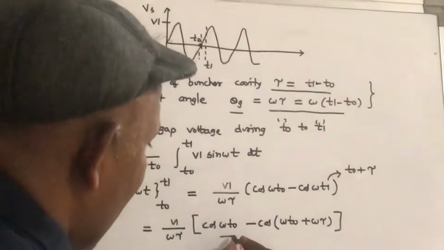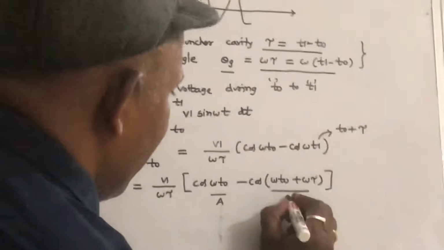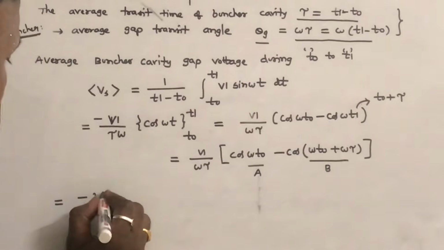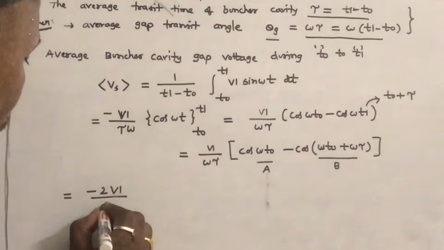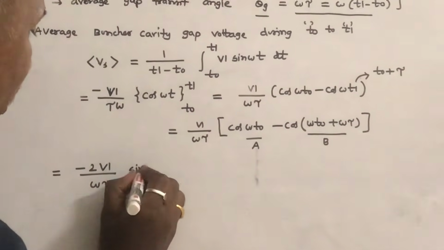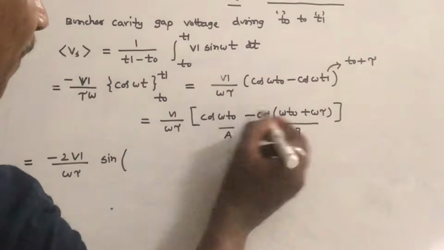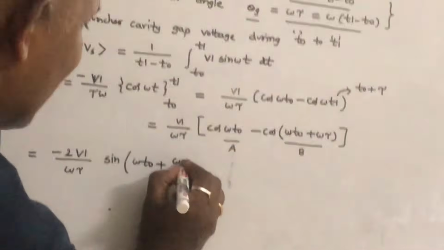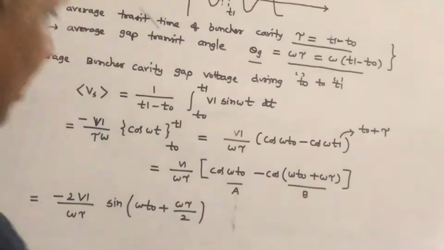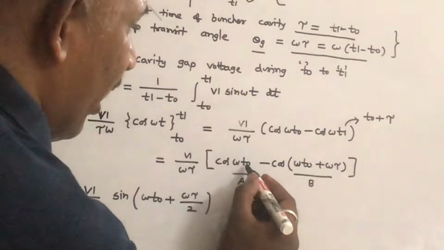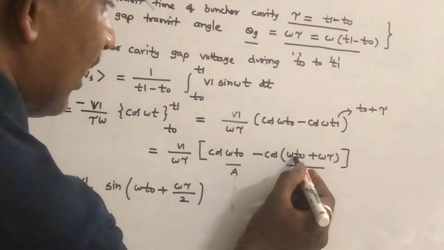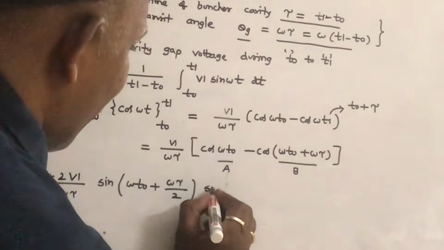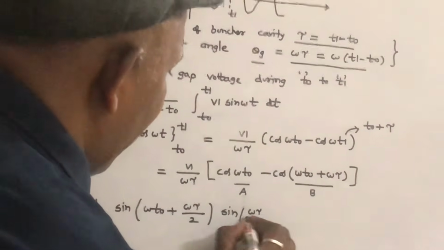Use this relation cos A minus cos B, which is given by minus 2 V1 by omega tau, sine of A plus B divided by 2. So that means it will become omega T0 plus omega tau by 2, sine A minus B by 2, omega T0 minus omega T0 minus omega tau, the omega T0 cancels out. Sine of minus omega tau by 2, minus into minus will become plus. So it is given as sine omega tau by 2.